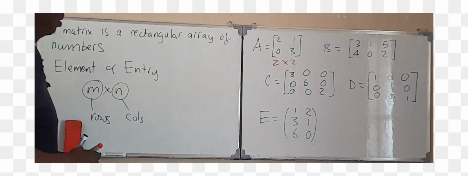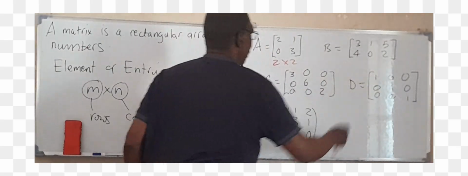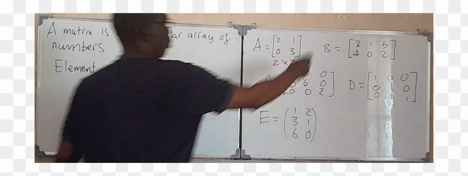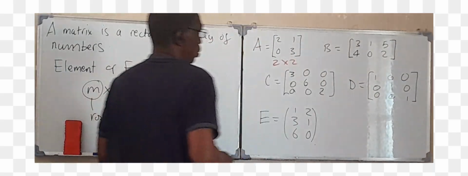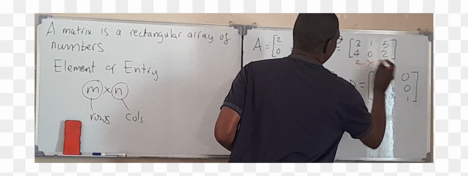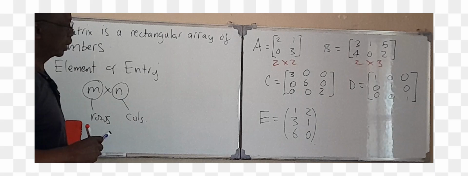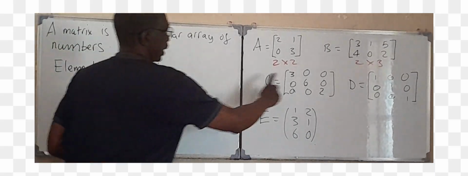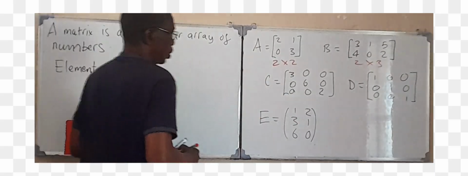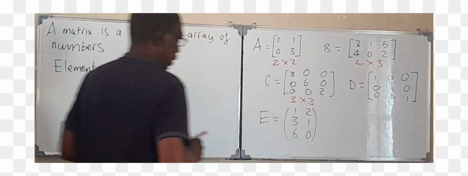What about matrix B? M is 2, N is 3. So B is a 2 by 3 matrix. What about our matrices C and D? 3 rows, 3 columns. So C and D are both 3 by 3 matrices.